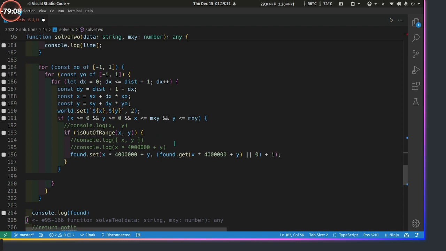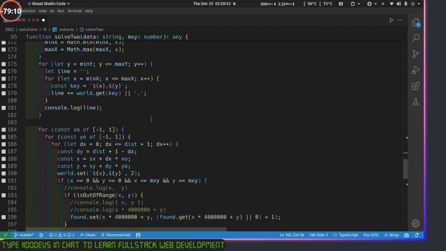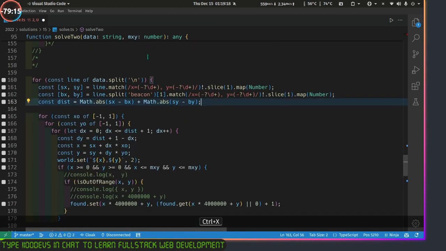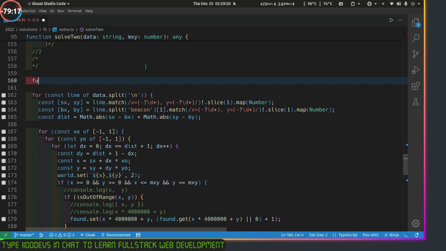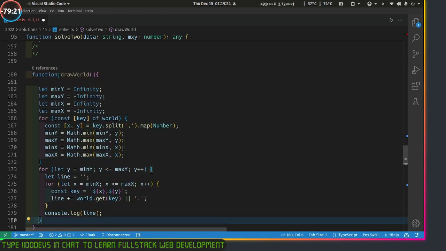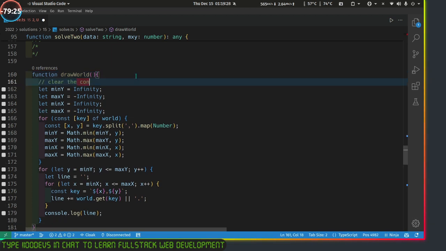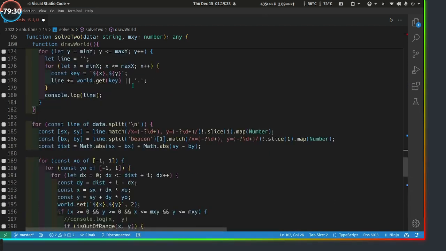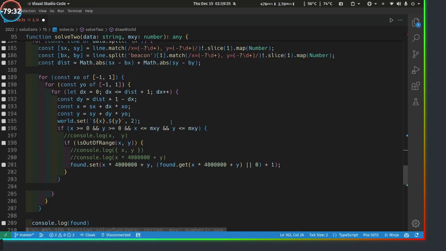Where's my drawing? There it is. There's my drawing. Okay, so I guess we're gonna call this a cute little function draw world. Yep, amazing. We love that. Clear the console. Please give me the code. Thank you. Your console, draw all the lines. Great.